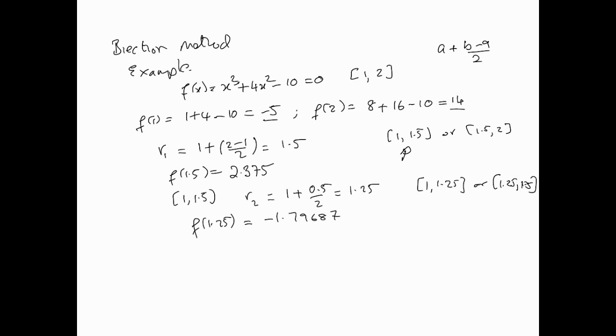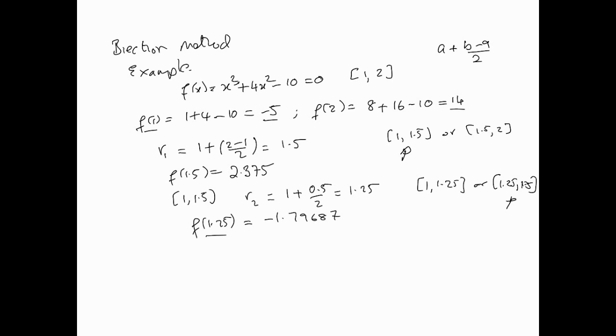If it's negative and we take the product of f of 1 and f of 1.25, that's going to give us a positive value, which means according to our algorithm, that is not where the root is. So the root is here: it's between 1.25 and 1.5. So we'll take the midpoint of that, and in this way we will continue.